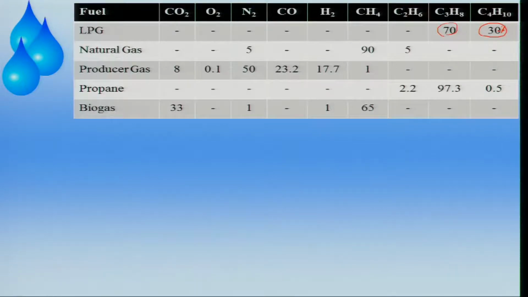I have given some typical numbers, 70-30, right. 70 is propane and 30 is butane, but in several other places you may find 60-40, maybe 50-50. That means these will vary from well to well or from place to place.